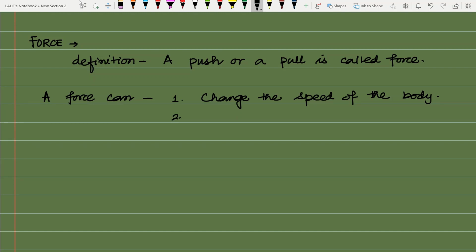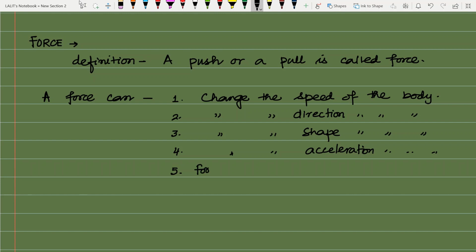A force can change the direction of the body. Third, force can change the shape of the body. Force can change the acceleration of the body. And the fifth important one is it can change the state of motion of a body.